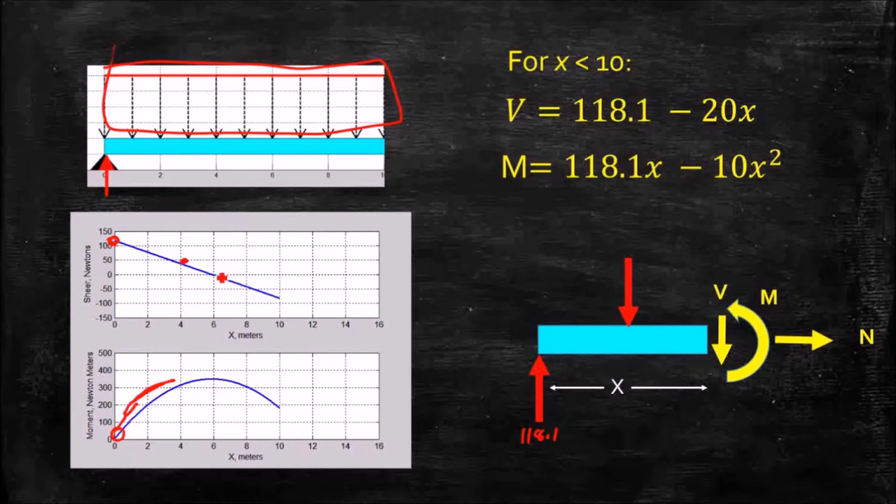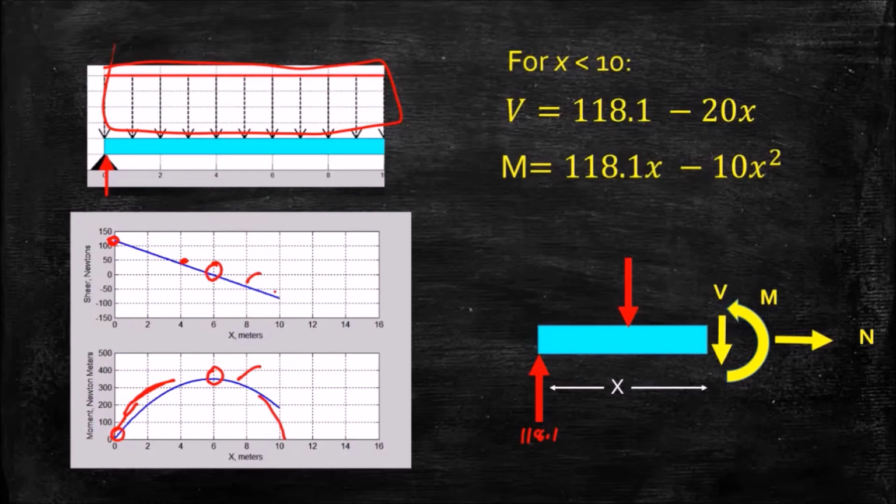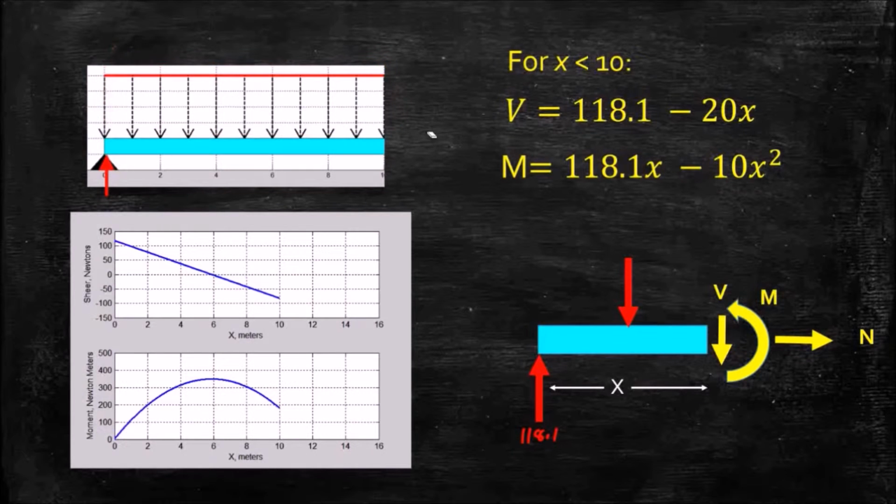When we cross a shear of 0, our slope in the moment is equal to 0, and then our shear goes negative, so the slope on the moment goes downward, and as the magnitude of the shear gets more and more negative, our slope goes more and more negative on the moment. And that's all consistent with the concept of the shear being the integral of the loading and the moment being the integral of the shear.